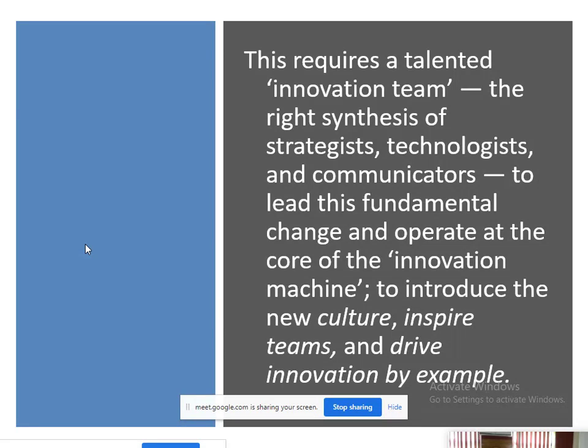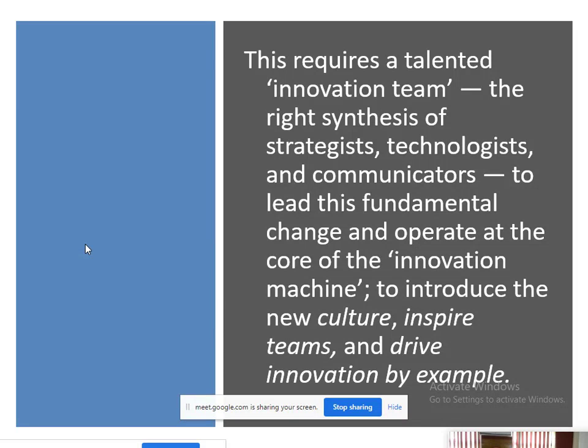That means the right synthesis of strategies: there must be some team members who have a good strategy to follow, to start the innovation project, and there must be some technology. Definitely, we are engineers, and we must apply some technology part in the innovative things also.